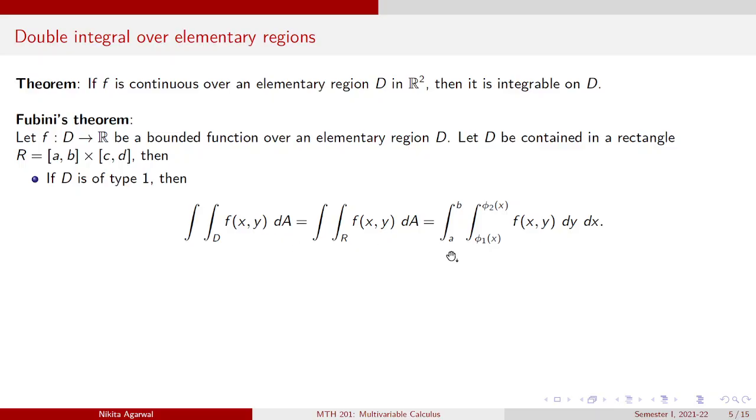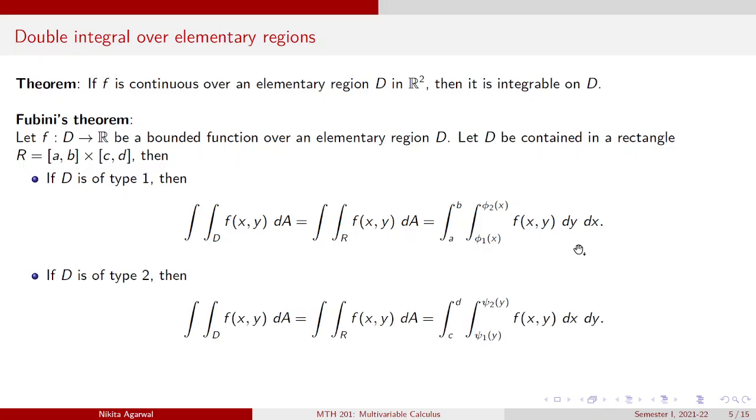It's nothing but, now x varies from a to b and y varies from phi1(x) to phi2(x), right? So you integrate this function accordingly. If D is of type 2, then your y varies from c to d and x varies from psi1(y) to psi2(y). So remember that the innermost integral corresponds to the innermost differential, the infinitesimal variable that you see, right, which is dx.